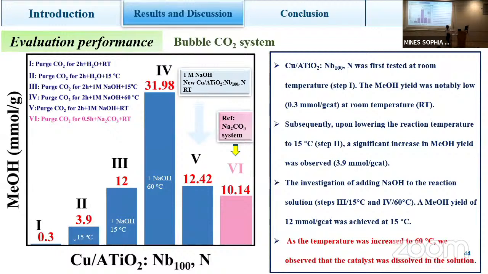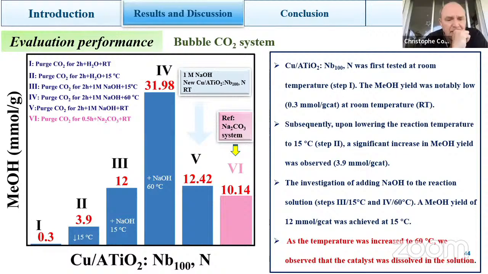Here is a bubble system, just pure CO2 bubbled in water, with no other additive. The first one, the 0.3, was the reactor with CO2 and water at room temperature. Because we think the methanol production is quite low, maybe because the temperature is too high, CO2 stays just above the water and doesn't dissolve.